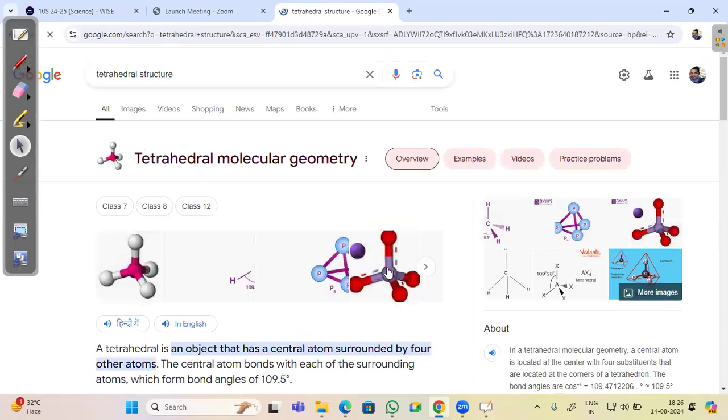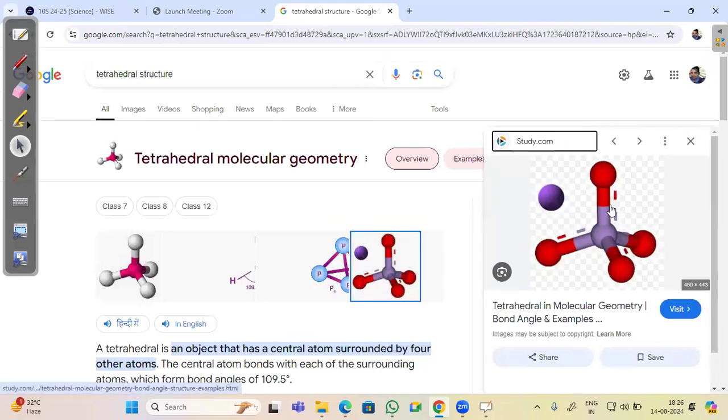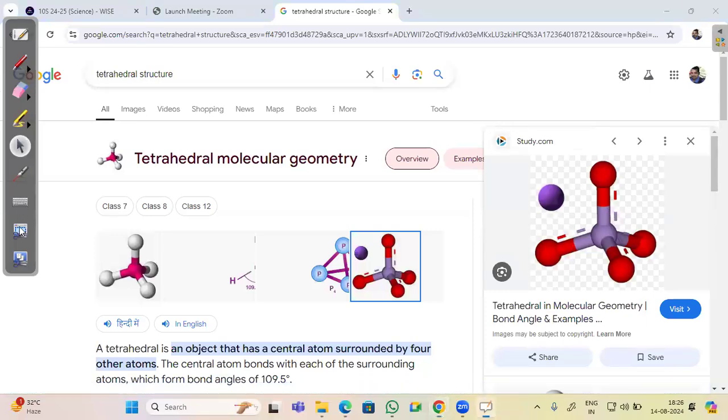See, this is how a tetrahedral structure looks like. The angle between all of them is the same. This is your tetrahedral structure.